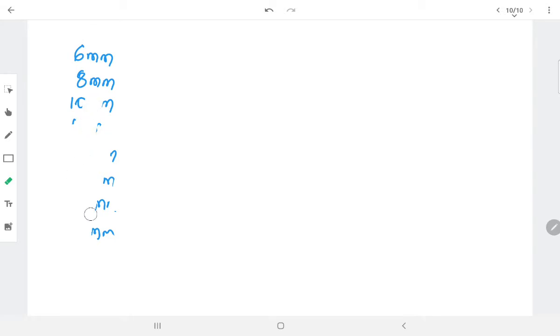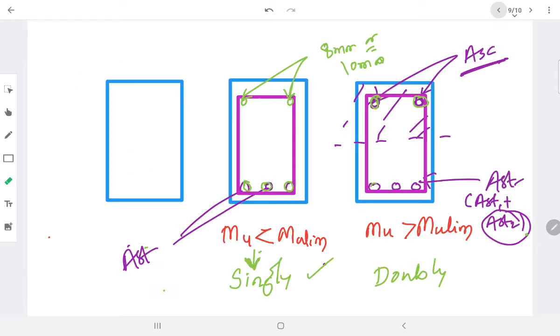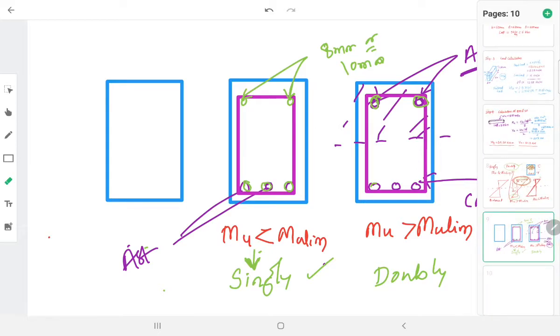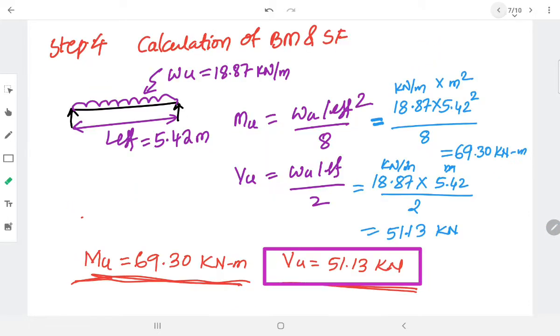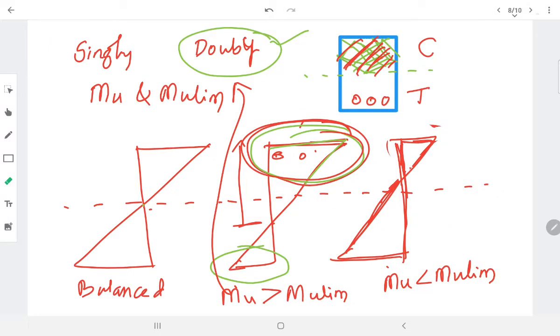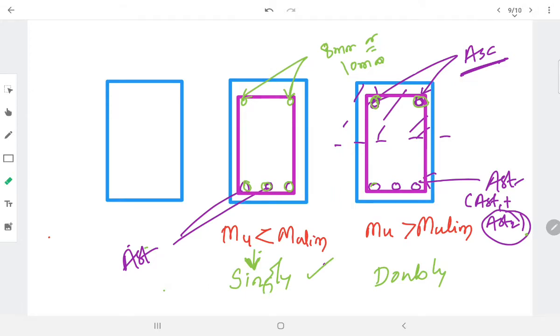So now I will be switching to the next step. We have already calculated Mu and Vu, and you know what a singly and doubly reinforced beam is.